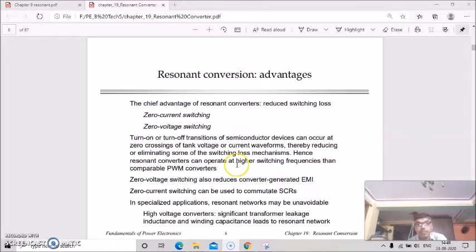Hence, resonant converters can operate at higher switching frequencies than comparable PWM converters. Zero voltage switching also reduces converter-generated EMI, and zero current switching can be used to commutate SCRs.